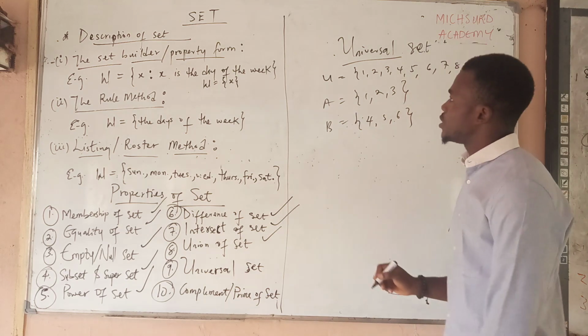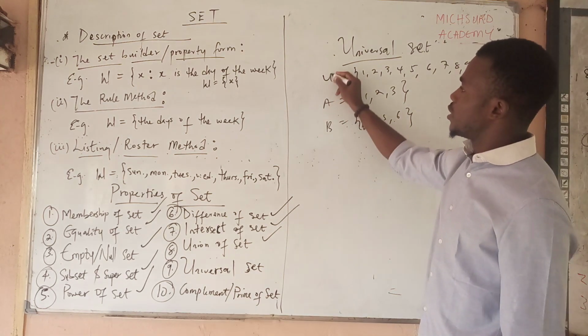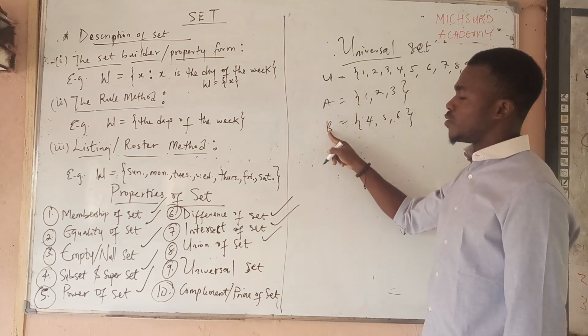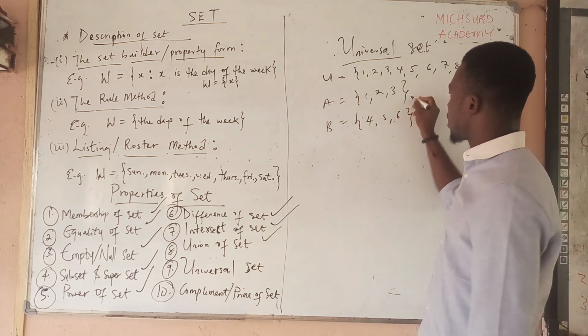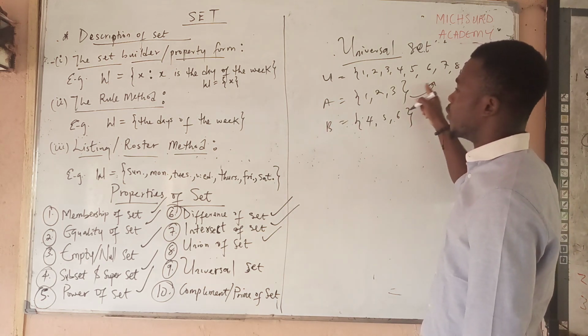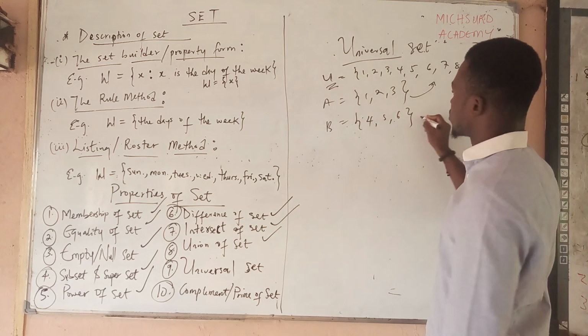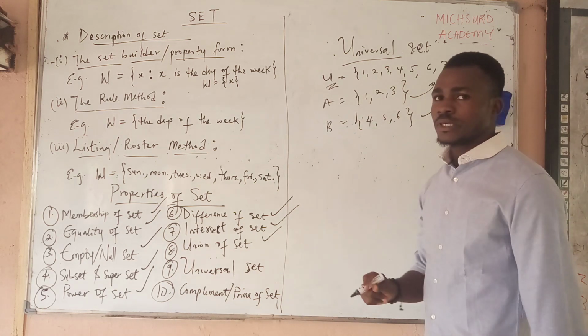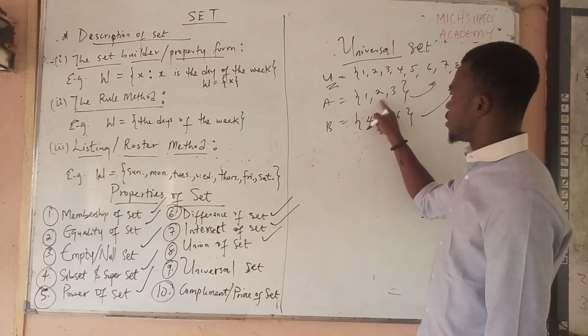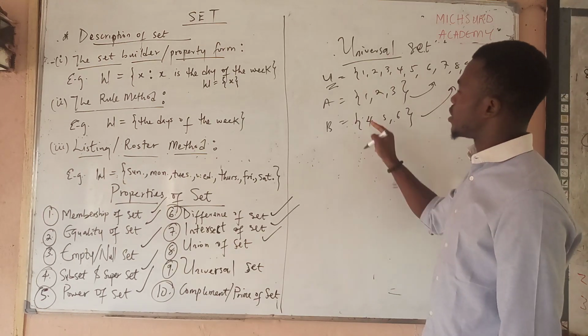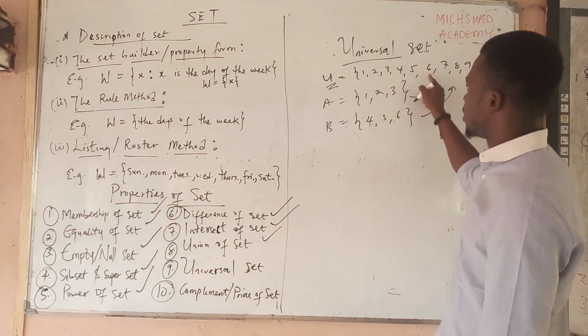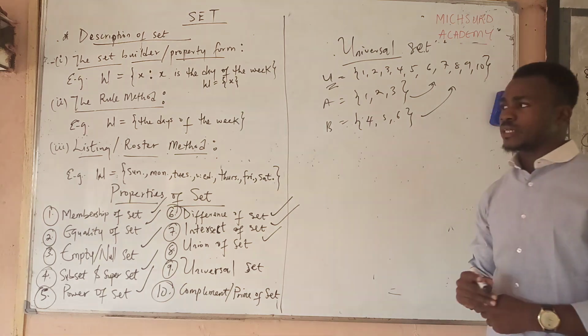We say that U here is the universal set of A and B, because A is gotten from the universal set, and B is also gotten from the universal set. You can find these elements in the universal set.